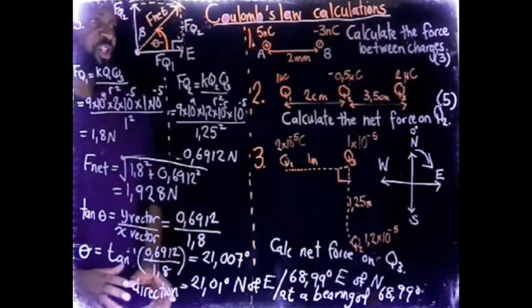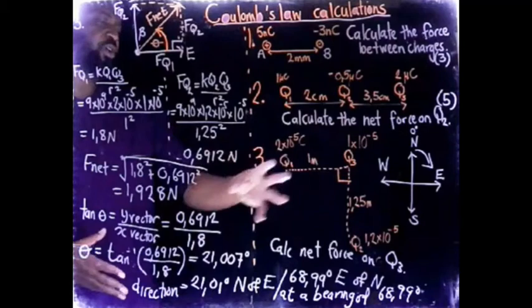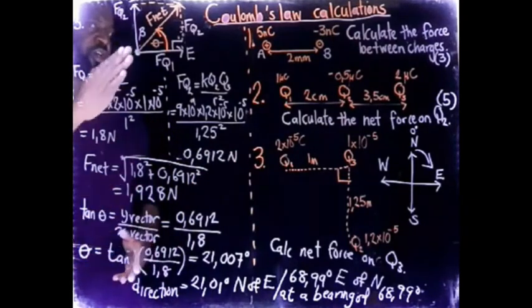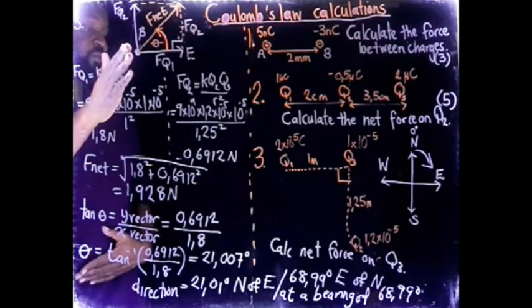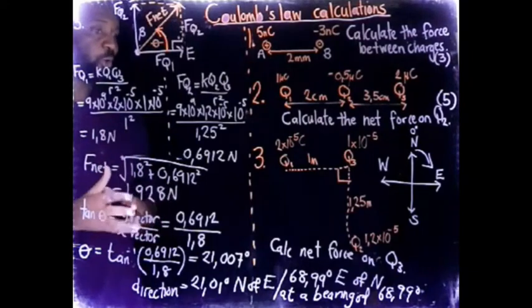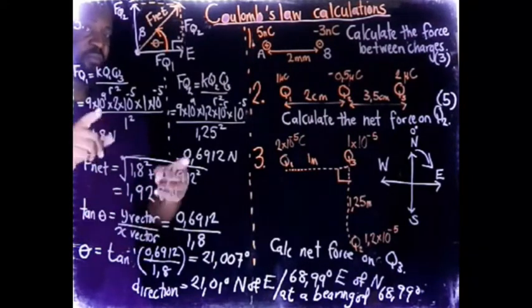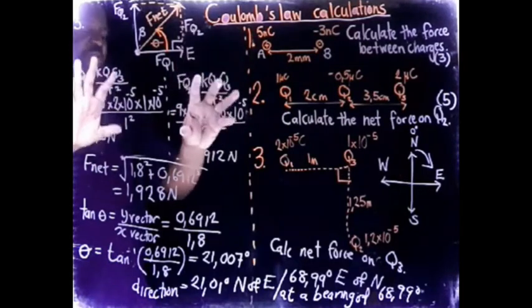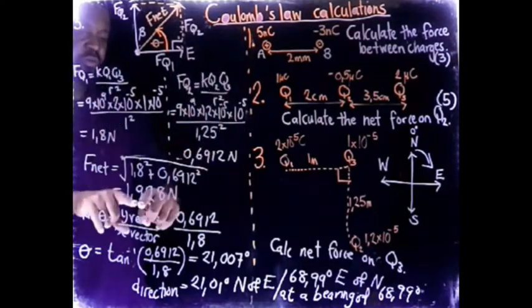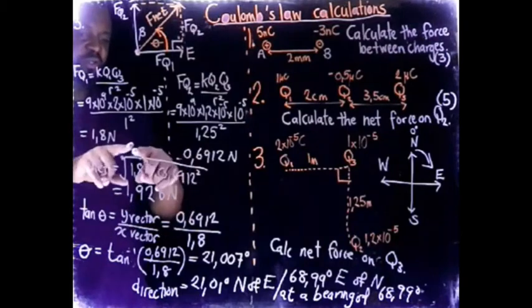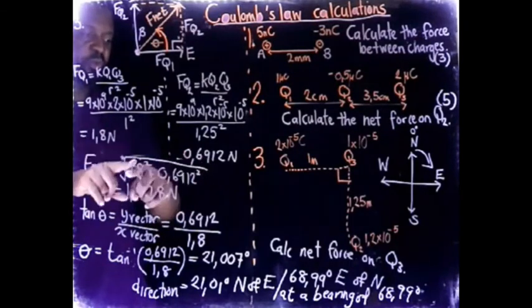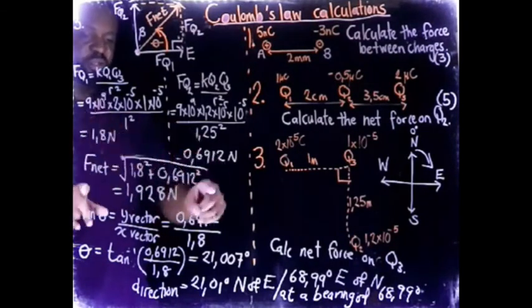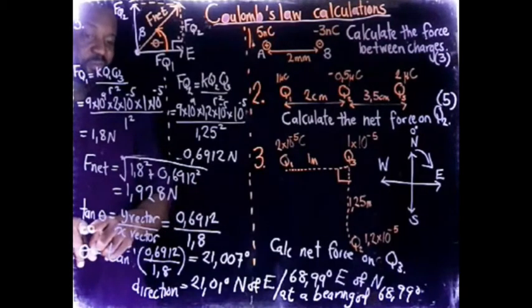Okay. This time around, the charges have formed a right angle, the assemblage of charges. Again, we started with the free body diagram. But this time around, we used a TOPS and trig technique. First, we found the two perpendicular forces. Then we used the theorem of Pythagoras. That's the TOP. Then trig, we used the tan.